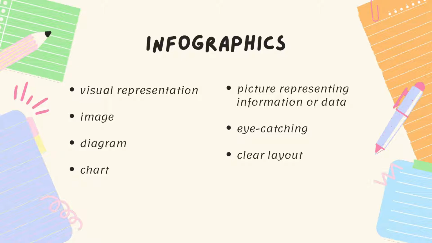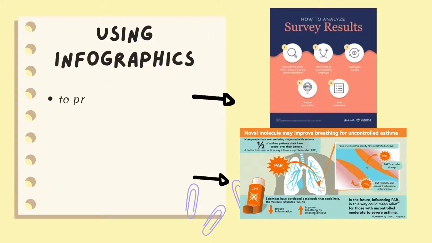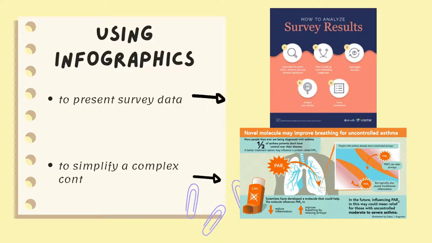One tool that can be used in creating infographics is Canva. Using infographics to present survey data. Infographics can be highly useful in presenting statistical data such as from surveys, and also using infographics to simplify a complex concept. Simplifying a complex idea is the core purpose of using an infographic.